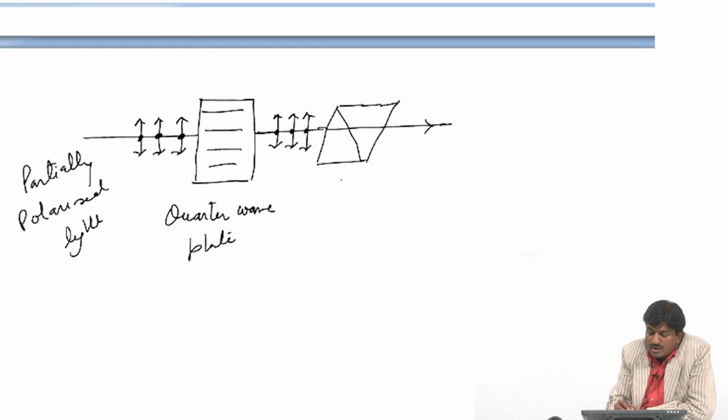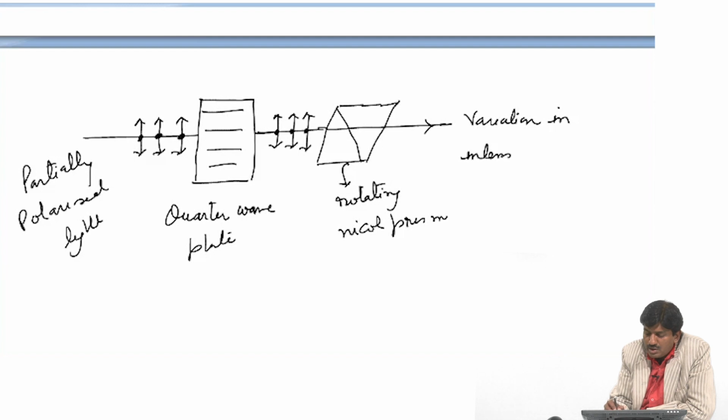and if we rotate this Nicol prism, there is a variation in intensity from maximum to minimum, but not 0.